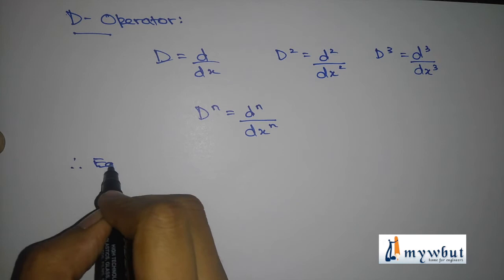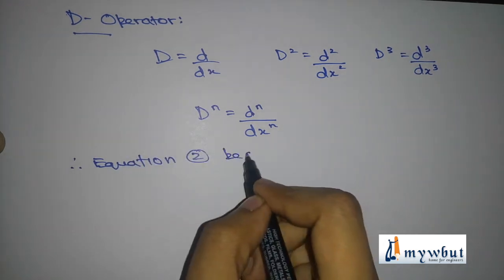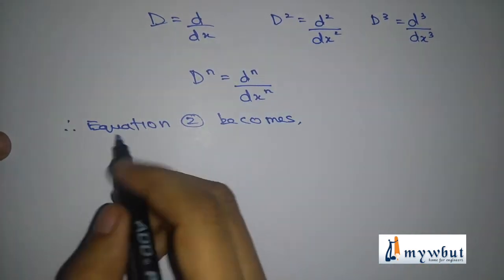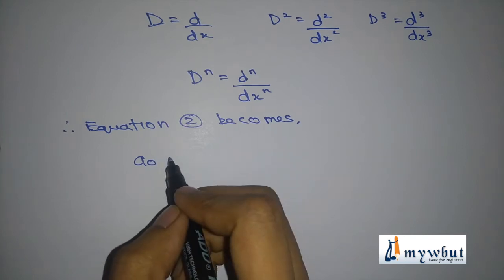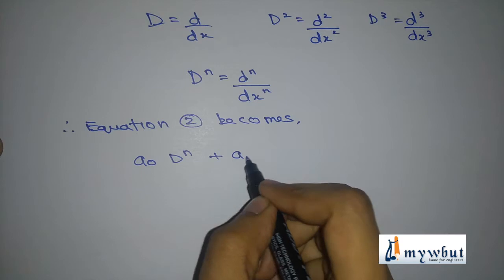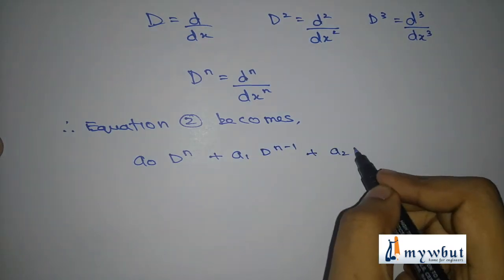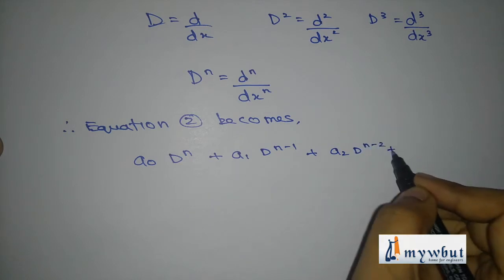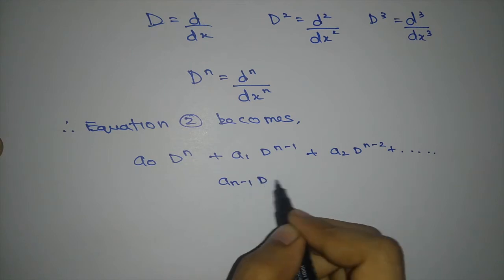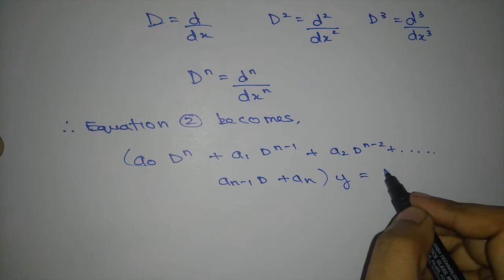therefore equation 2 becomes a naught D^n plus a1 D^(n-1) plus a2 D^(n-2) plus, similarly, a(n-1) D plus an, y is equal to q.